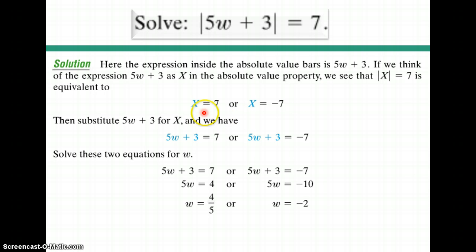So x equal to 7 or x equal to minus 7. Substituting back the value of x, which is the given expression 5w plus 3, we have 5w plus 3 equal to 7 or 5w plus 3 equal to minus 7.